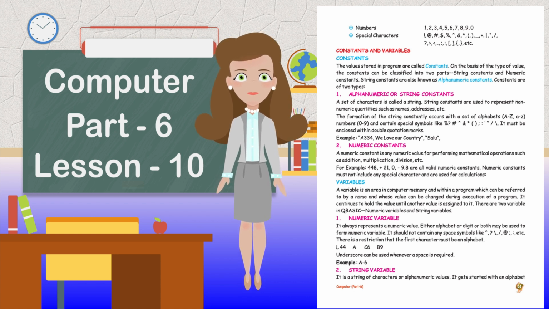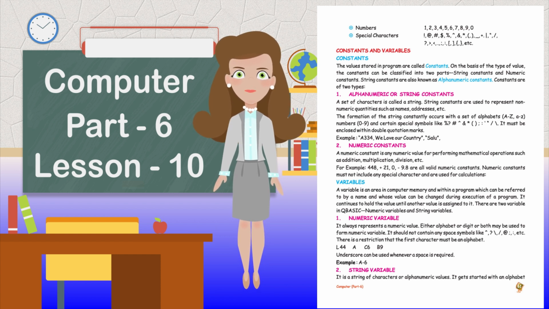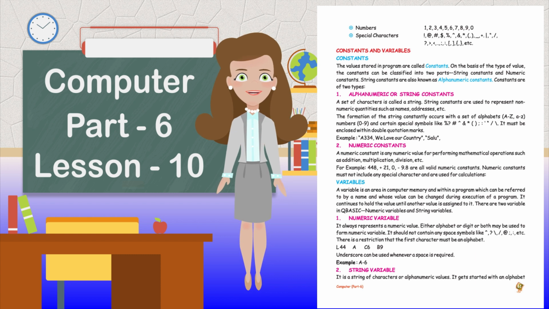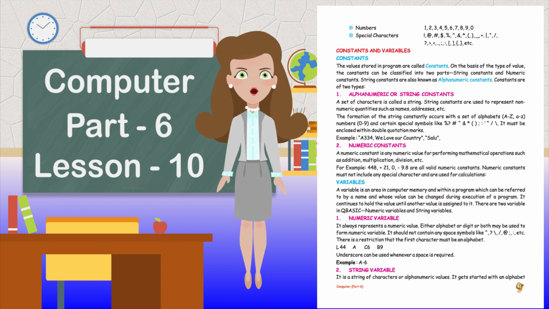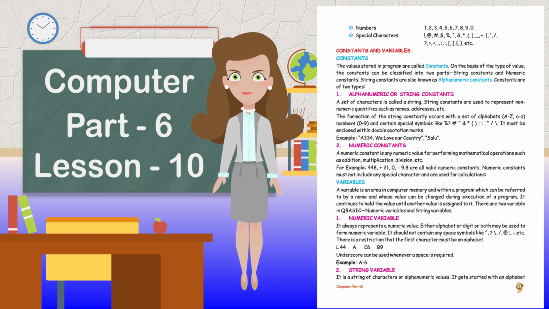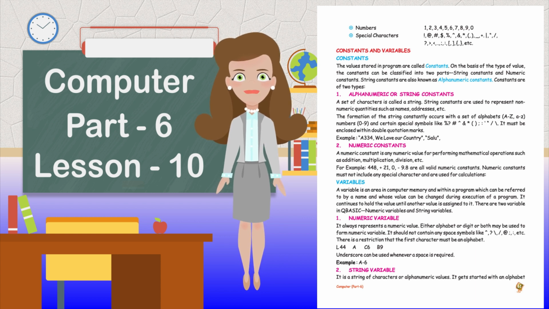A set of characters is called a string. String constants are used to represent non-numeric quantities such as names, addresses, etc. The string constant is formed with the set of alphabets A to Z, numbers 0 to 9, and certain special symbols like percentage, question mark, hash, exponentiation, asterisk symbol, bracket open, bracket close, semicolon, colon, double quote, slash.